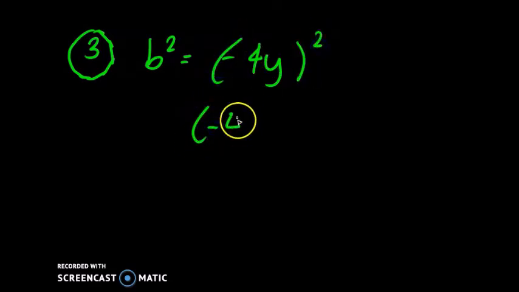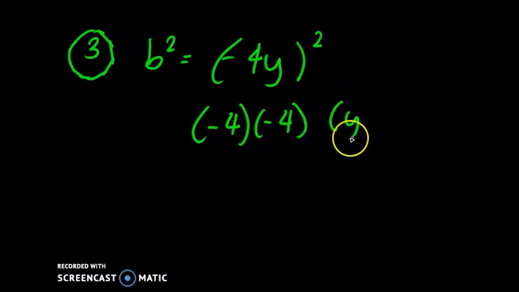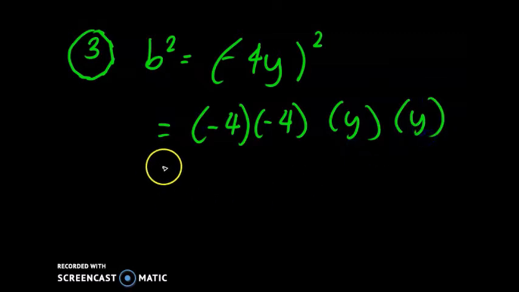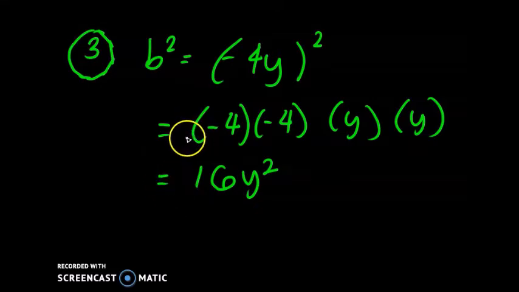So negative 4 multiplied by negative 4 and y multiplied by y, we get positive 16y squared. So that will be that third term, 16y squared.